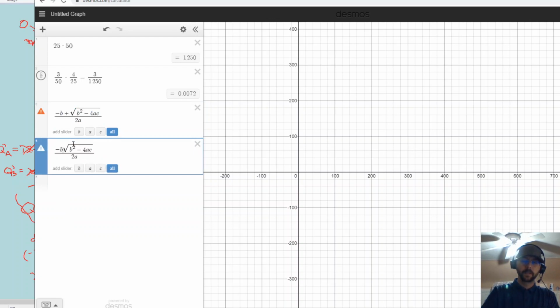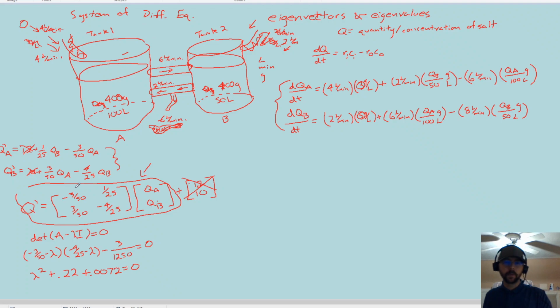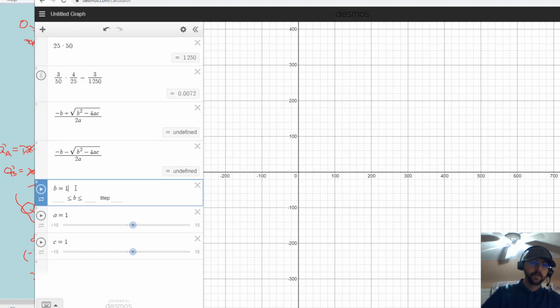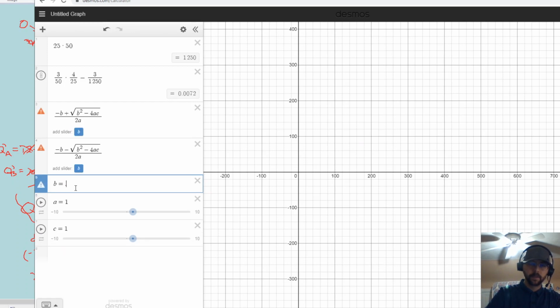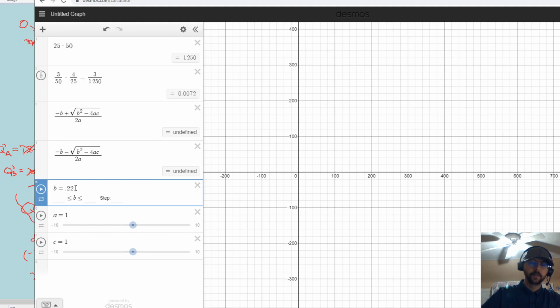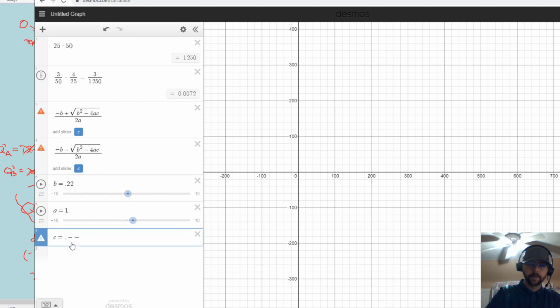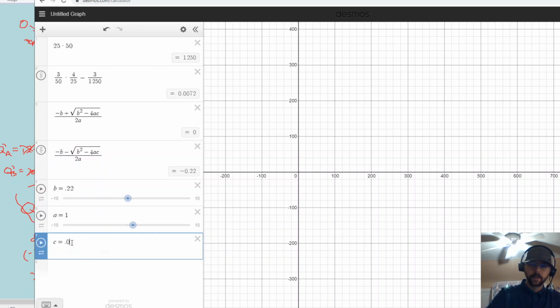Assign variables: a is 1, b is 0.22, and c is 0.0072.